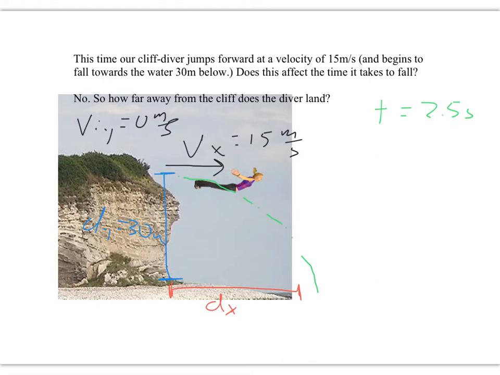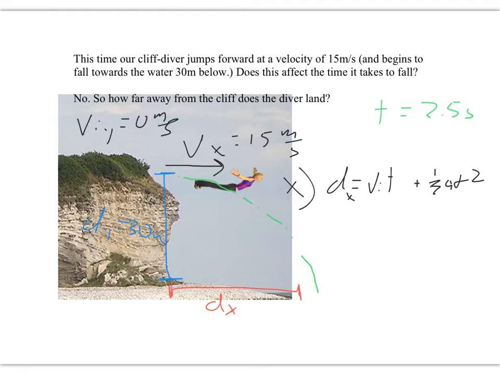In order to calculate this, we again turn to ultra mega 2, d equals vi t plus 1/2 a t squared. Now this time we're looking horizontally, since we're looking for this horizontal distance.